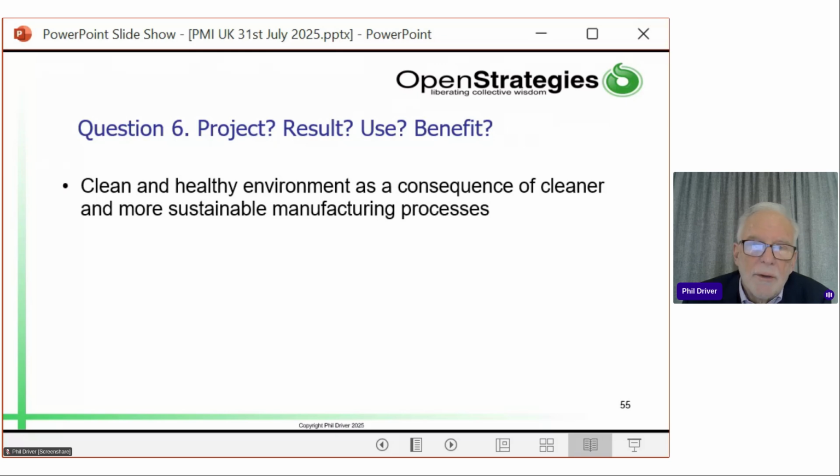Leela, well done, that's a result. The environment can be a result or a benefit. If the statement had said a clean and healthy environment as a result of people using the environment wisely, then this would be a benefit. But the way it's worded, it's a clean environment as a result of a project. So it's definitely a result.